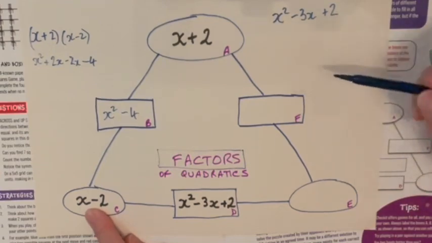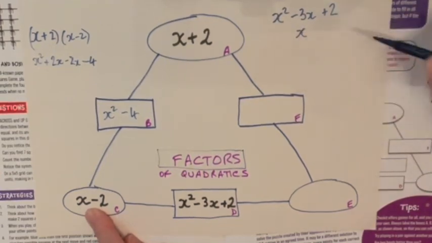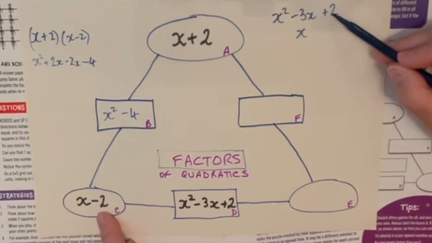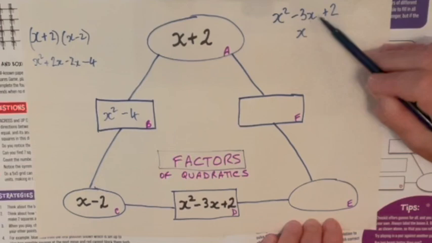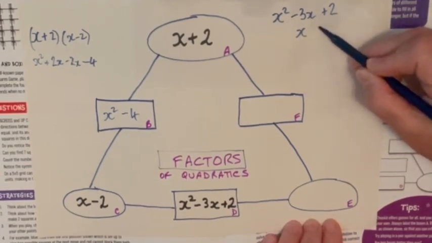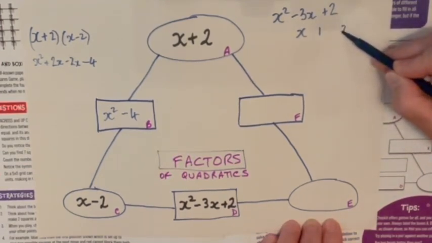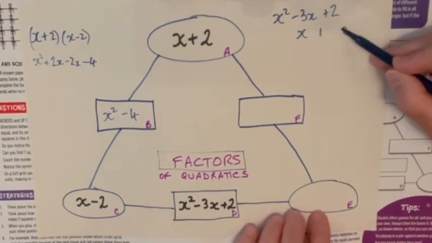So there's only going to be one x, we know that. And I've got a 2, so the factors, I've got a 3 and a 2, so it's probably going to be a 1 and a 2. Whoopsie, I know we've got a 2, duh.